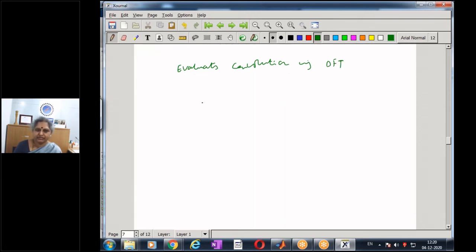Suppose I have a sequence x[n] with an impulse response h[n], and the output is given by y[n]. And y[n] we know is given by the convolution of x[n] with h[n].